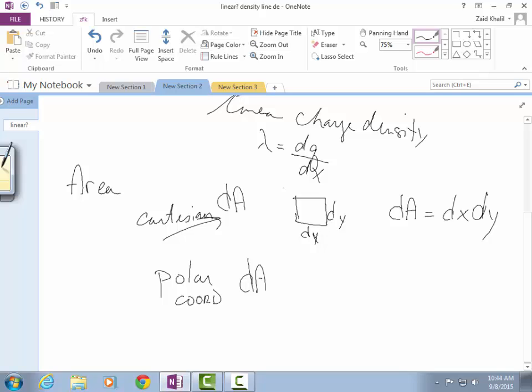To understand how, first I have to set my origin, because the origin is very important in polar coordinates. Here's my origin. So where's my areal element going to be? It's going to be some point in that space beyond the origin, right? So I take this box and I morph it like this.